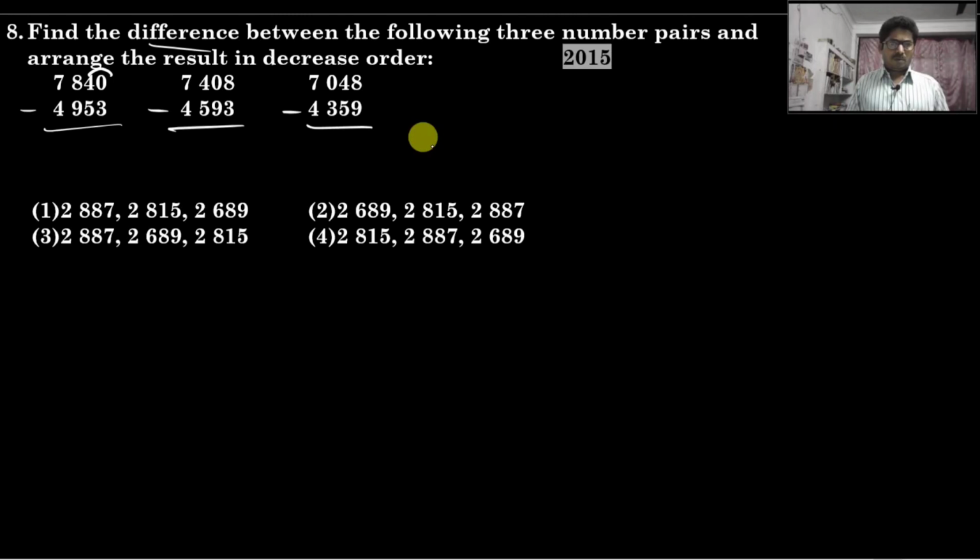10 minus 3 is 7. Here 3 only. 13 minus 5, 8.